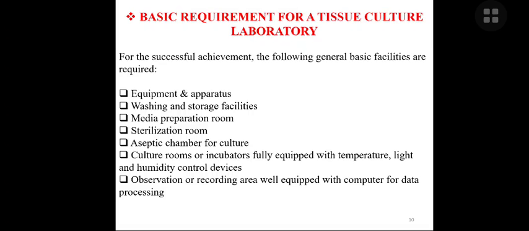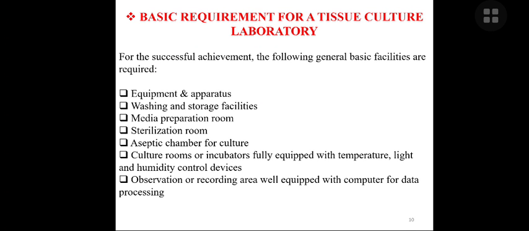Then the basic requirements for a tissue culture laboratory are equipment and apparatus needed for tissue culture preparation, washing and storage facilities, a media preparation room, a sterilization room to ensure complete sterilization of the whole procedure, then an aseptic chamber for culture, then culture rooms or incubators fully equipped with temperature, light, and humidity control devices.